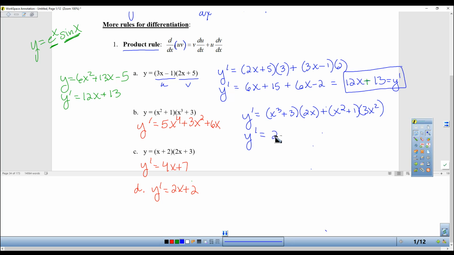So that gives me 2x to the 4th plus 6x plus 3x to the 4th plus 3x squared, which gives me y prime is equal to 5x to the 4th plus 3x squared plus 6x.